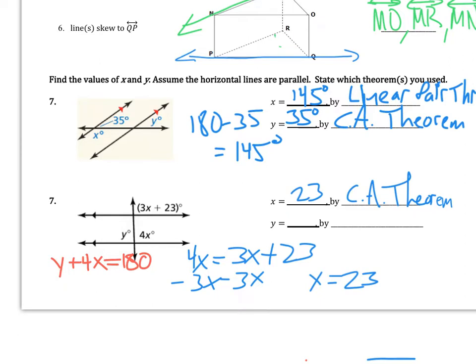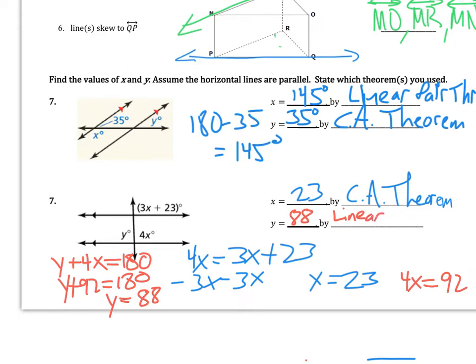Well, what is 4x? Well, x is 23, so 4 times 23 is 92. So this is y plus 92 equals 180. Subtract 92 from both sides, and we're going to get 88. So y is 88, and we used the linear pair theorem there.